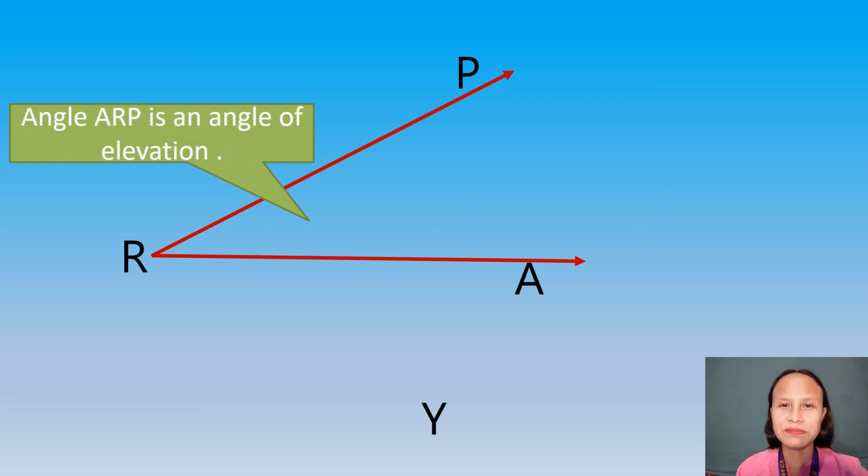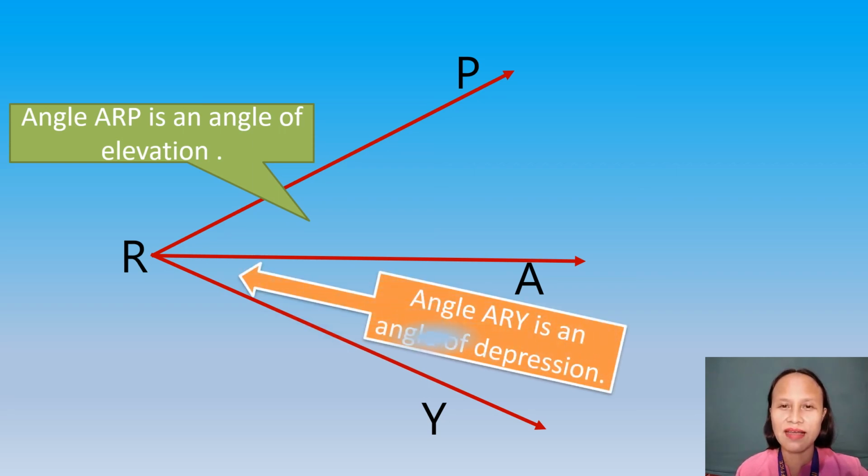And from ray RA, the horizontal line, to the object below, angle ARY is an angle of depression. So I hope you understand well about angle of elevation and angle of depression. Who got 6 to 7 out of 7 items?